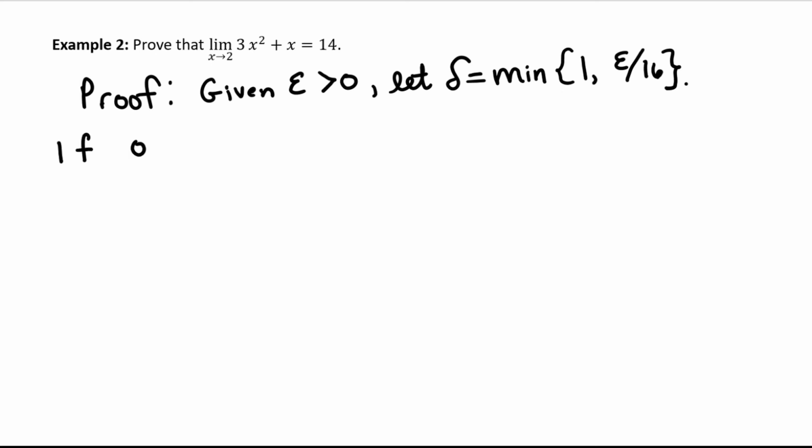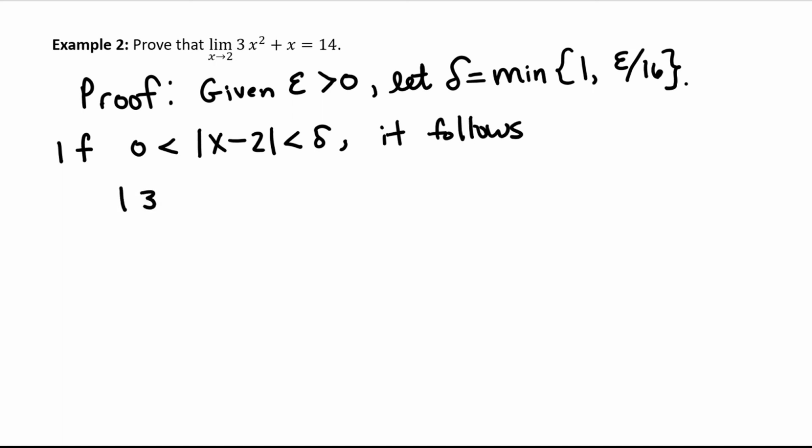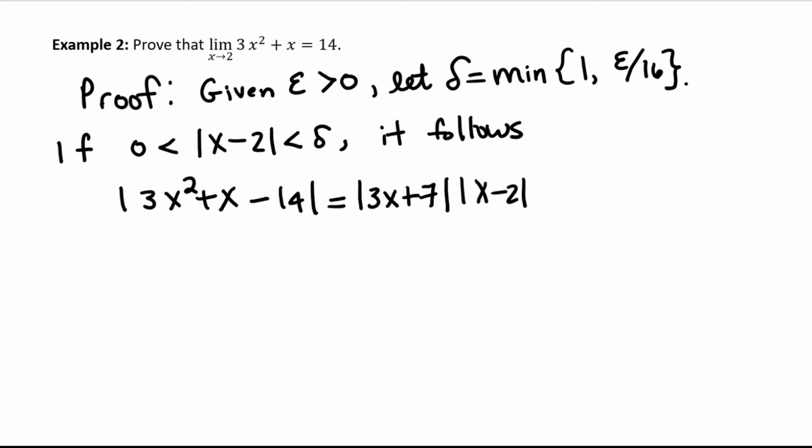If the absolute value of x minus 2 is greater than 0 and less than delta, then our proof follows that the absolute value of 3x squared plus x, that's the f of x, minus 14, that's the L, is equal to the product of 3x plus 7's absolute value times the quantity x minus 2's absolute value.